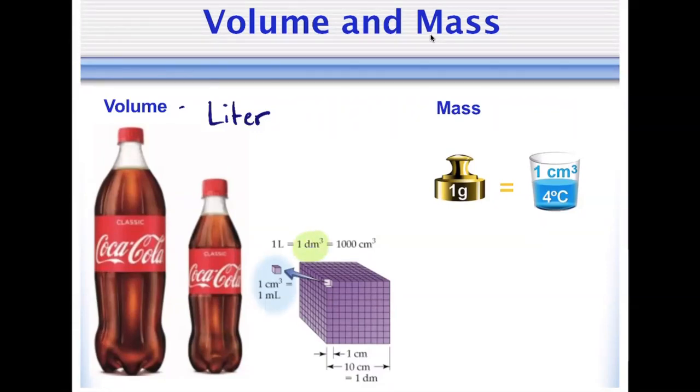So the cubic decimeter is equal to a liter, and you should remember that one. So 1 liter is a cubic decimeter. And also that 1 centimeter cubed is 1 milliliter. You'll become more familiar with those prefixes in a minute.